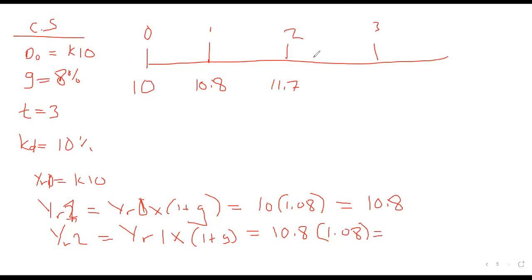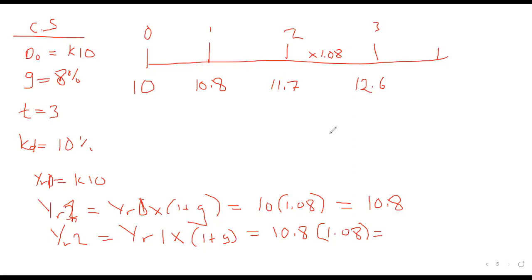Then for year 3, we're just multiplying by 1.08. We get 12.6. Good. So this is how it grows over these years.